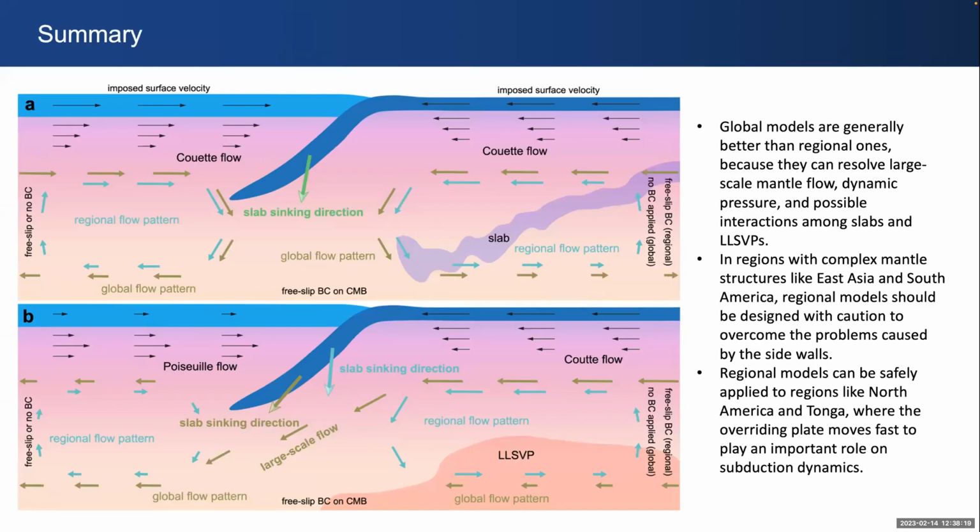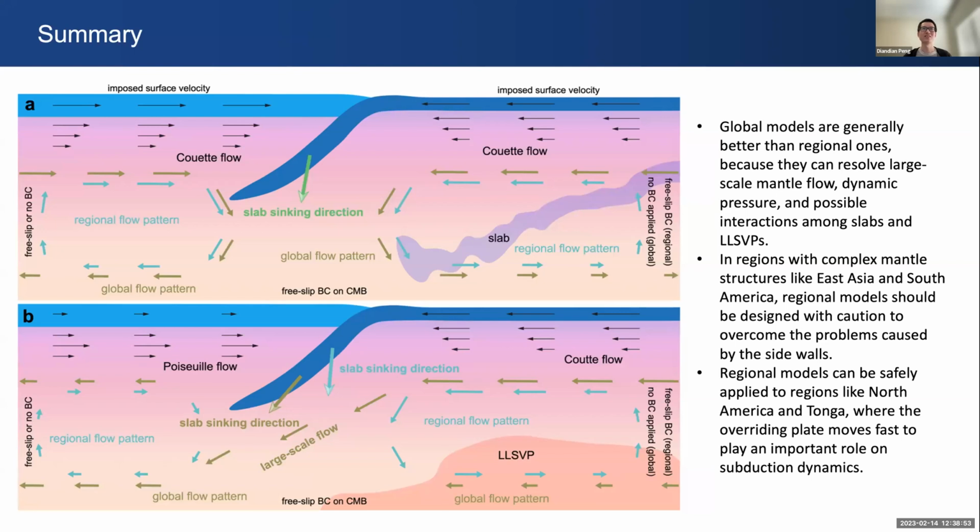Okay, so I'm a little bit confused about the top slide where you have imposed surface velocity at the free surface. Is that realistic, or is it just a model assumption? Because in reality, plate tectonics is certainly not driven by some force applied on the free surface, right? Yeah. This is just a sketch. The imposed surface velocity means the model setup.